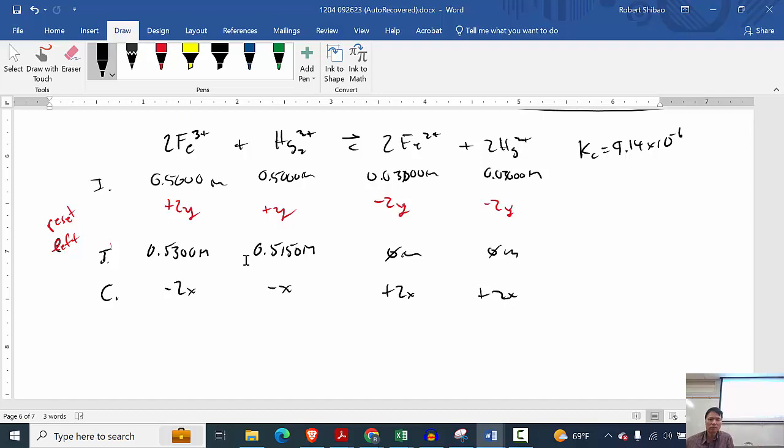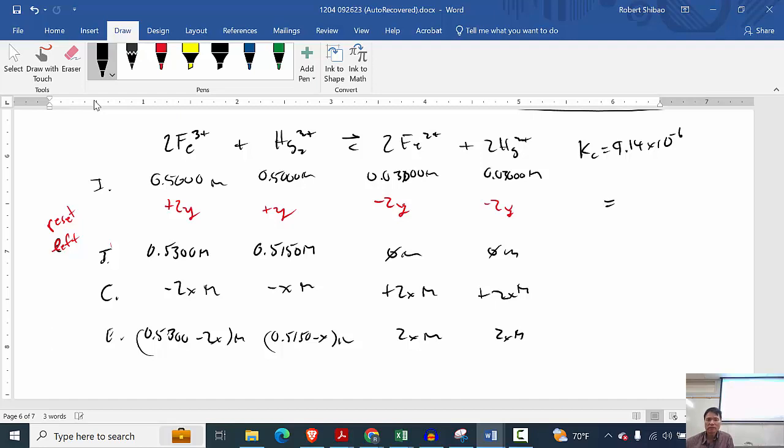And so I'm going to just let it re-equilibrate itself. These are all molar. And so at equilibrium, I'm going to have 0.5300 minus 2x, 0.5150 minus x, 2x, and 2x.